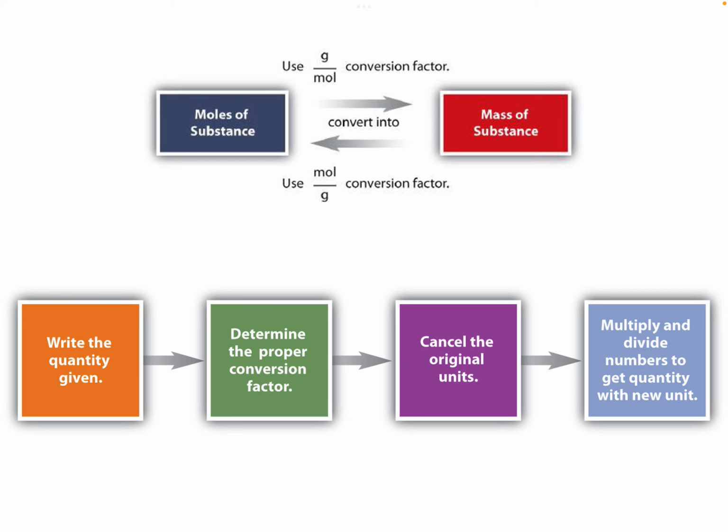Maybe we were told the amount of substance that we had in moles, and we want to convert that into the mass in grams. What we would do is take what we're given, which is moles, and use the molar mass as a conversion factor. And since we're trying to solve for grams, we're going to multiply by the molar mass.